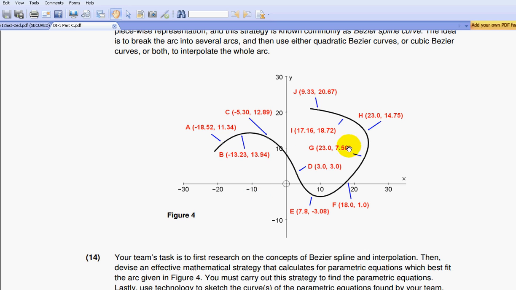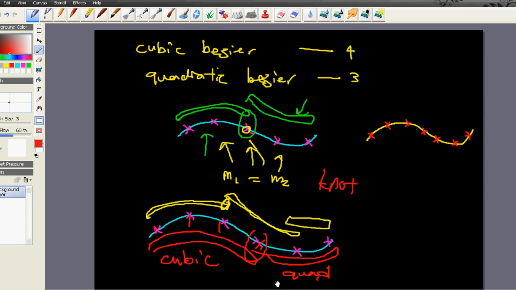So with that in mind, here you have actually 10 points. How you're going to cut this into different arcs really depends on your decision. So I would like to see how you do that. Just one more example to look at. Here I have another arc with 7 points known, and you can do this with 2 cubics: 4 points for the first, and the second arc will be another cubic.